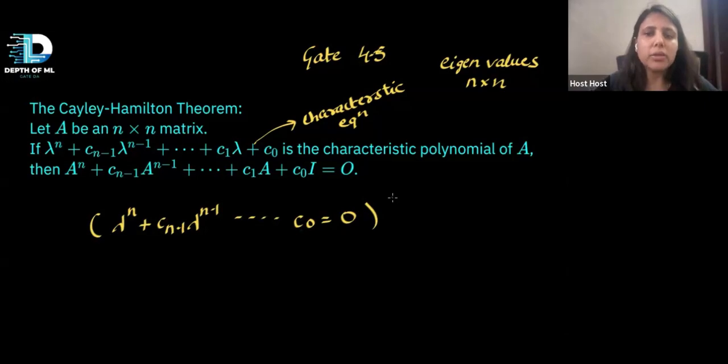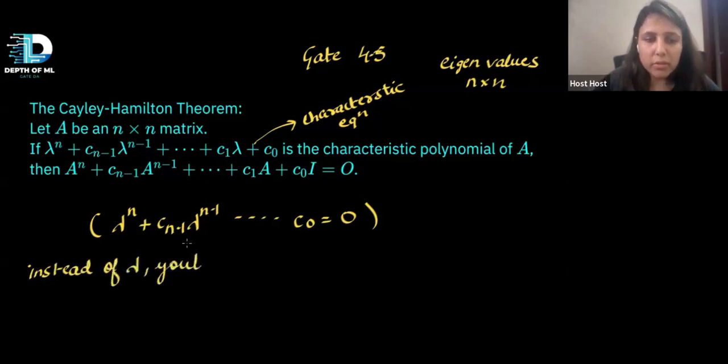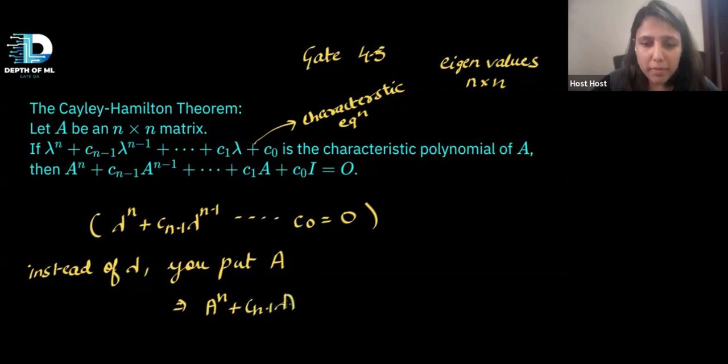What the Cayley-Hamilton theorem says is that if instead of lambda you put the matrix A, for which we had the characteristic polynomial, then the equation will be satisfied. It means that A power n plus c n minus 1 A power n minus 1, and so on, plus c 0 will add up to a 0 matrix.